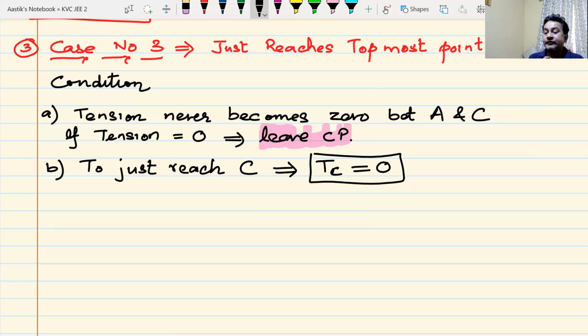That is the condition to reach point C. It should continue its travel till point C. To continue its travel till point C, tension should not become 0 at any of the points. In fact, to just reach point C, tension at point C can just become equal to 0. Can we have some raise hand that we understand this?